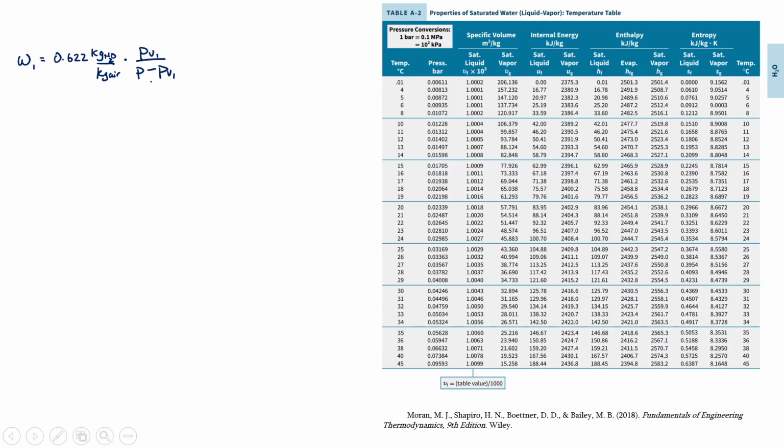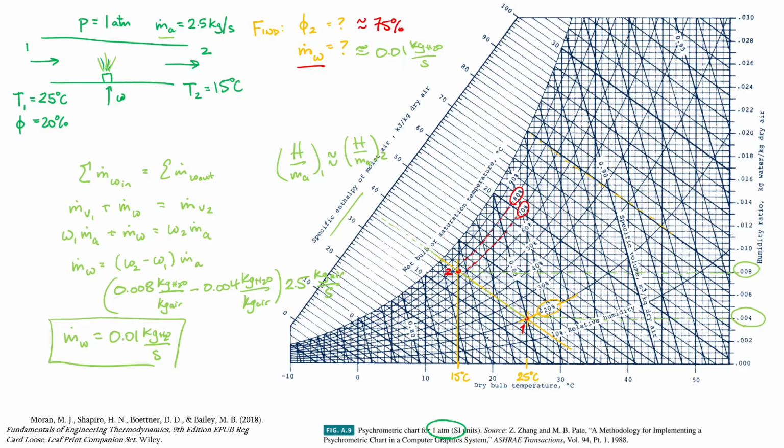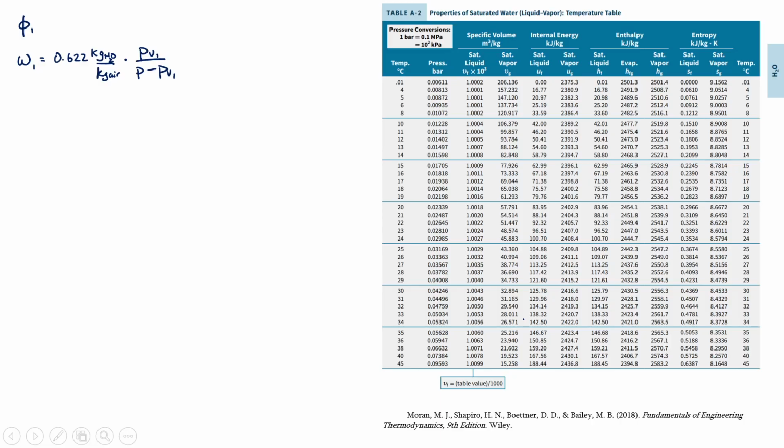However, we need this vapor pressure, and how we're going to get that vapor pressure is we're going to use our relative humidity, which again, we were just able to use as a line on the graph before.